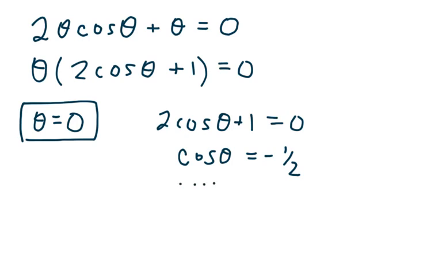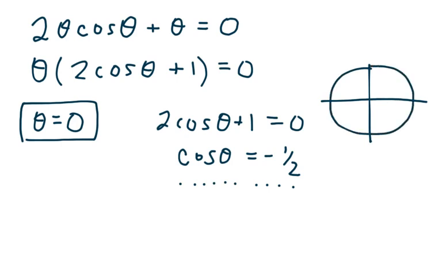And then you have to look at this second piece here, where cosine of theta is equal to negative 1/2. So that's a bit of trig review. If we look at the unit circle and ask ourselves, where is cosine theta equal to negative 1/2? Well, cosine is only negative in quadrant 2 and quadrant 3.